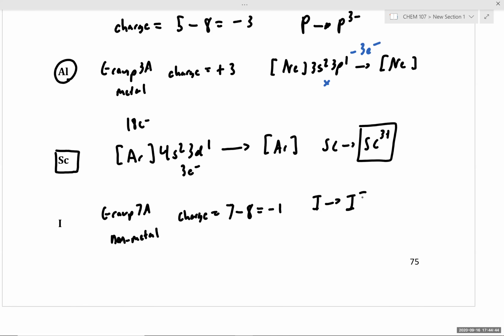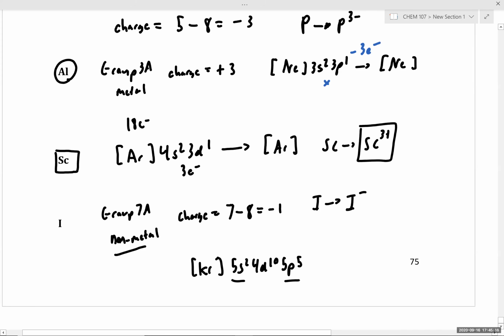I'm kind of confused on how we got the 8 for that one. So for non-metals, the charge preferred for a main group non-metal is equal to the group number minus 8. And this stems from the fact that if we write out the configuration for iodine, it would be krypton 5s2 4d10 5p5. So we have 7 valence electrons to work with.